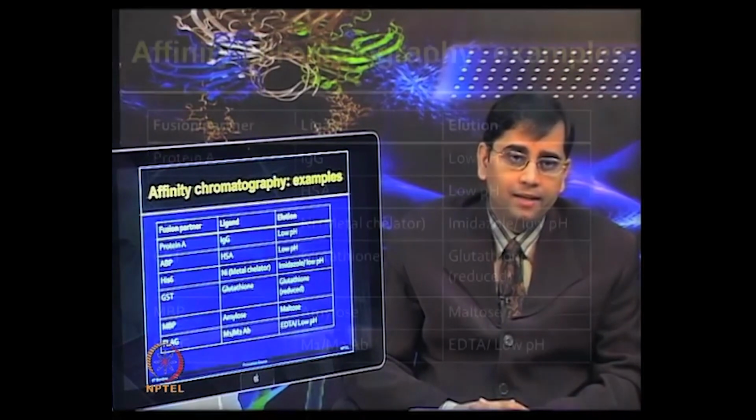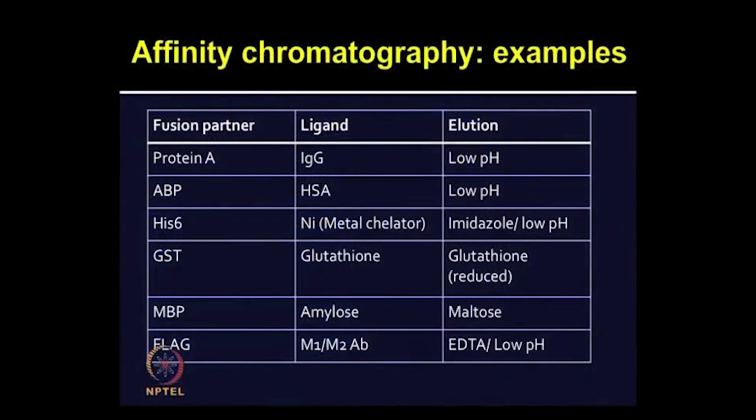As shown in this slide, protein A binds with IgG, and the proteins can be eluted by lowering the pH. ABP binds with HSA, and elution is again with low pH. 6-histidine tag binds with nickel NTA columns, the metal chelators, and imidazole or low pH conditions can be used for elution.